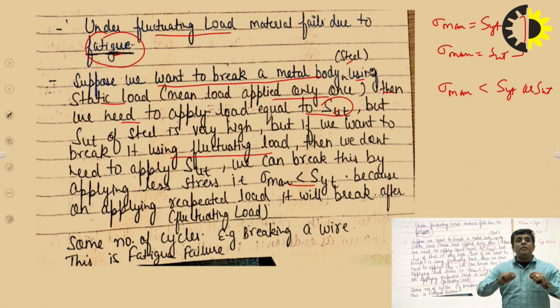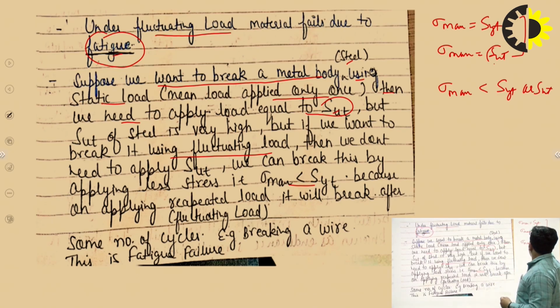But we need to apply the load continuously. Like if you want to break a wire, you just apply a continuous load, and this load is very much lesser than the ultimate or yielding load, very much less than SYT or SUT, and still you are able to break it.